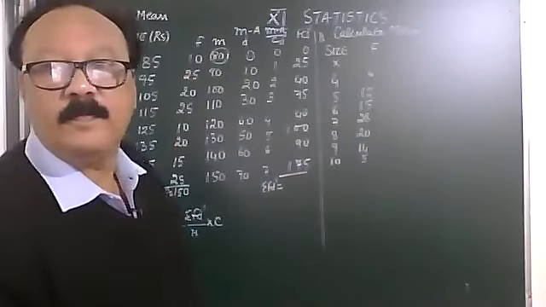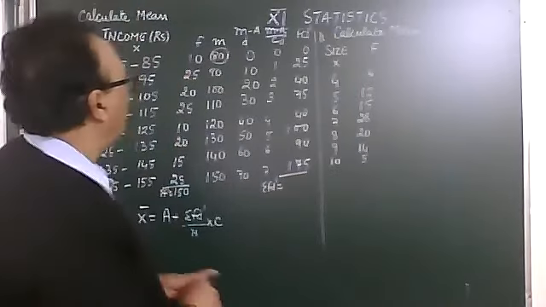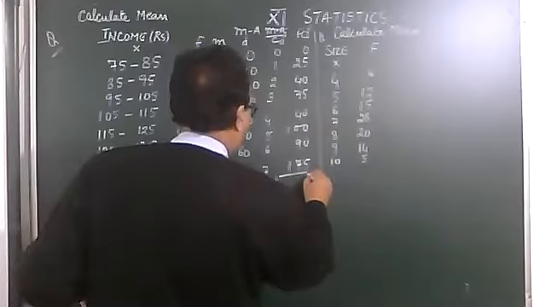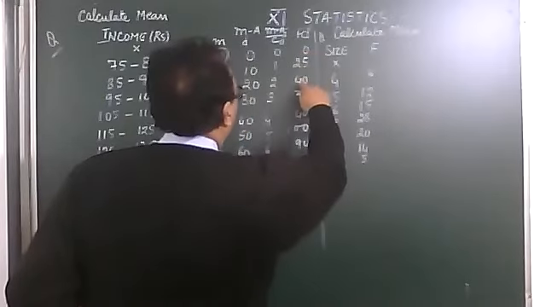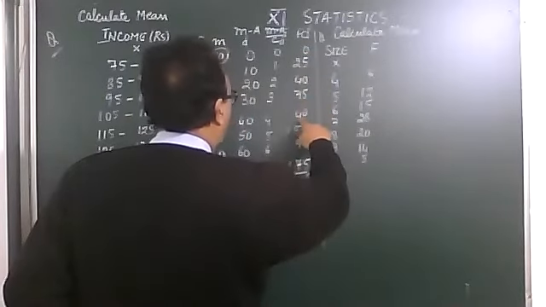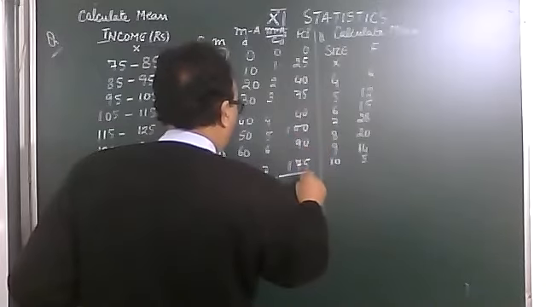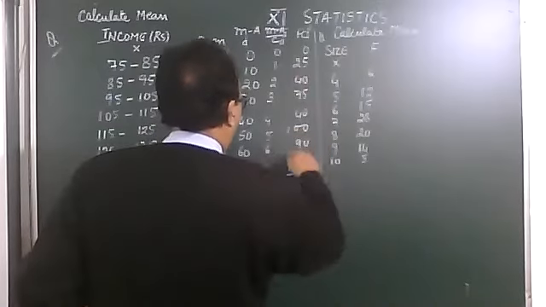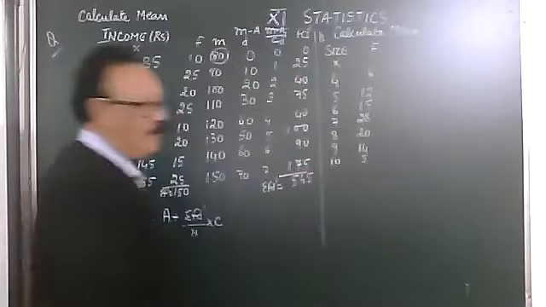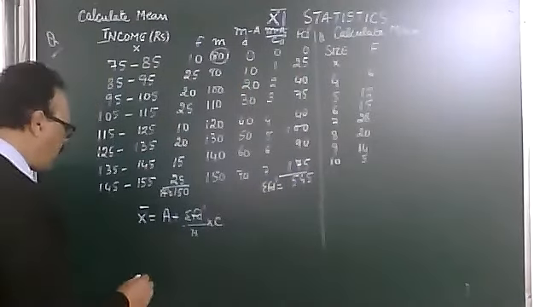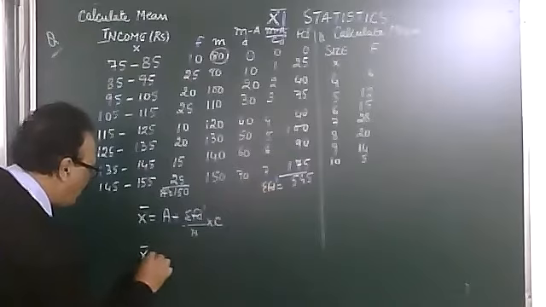Here we will sum up this: 5, 10, 15, 3 and 4, 7, 14, 18, 27, 34, and 545.